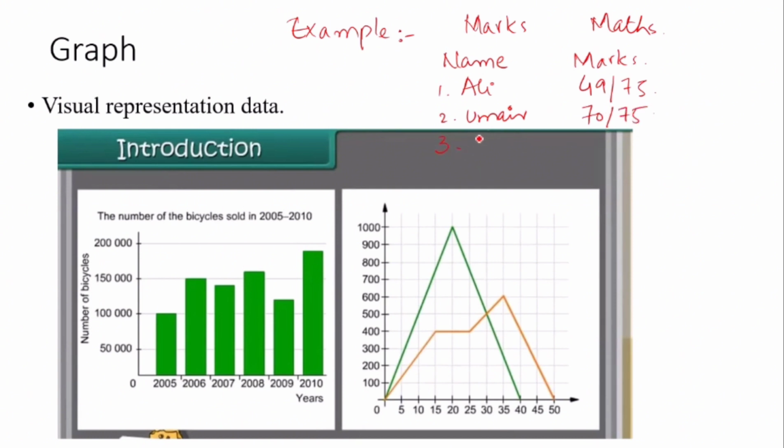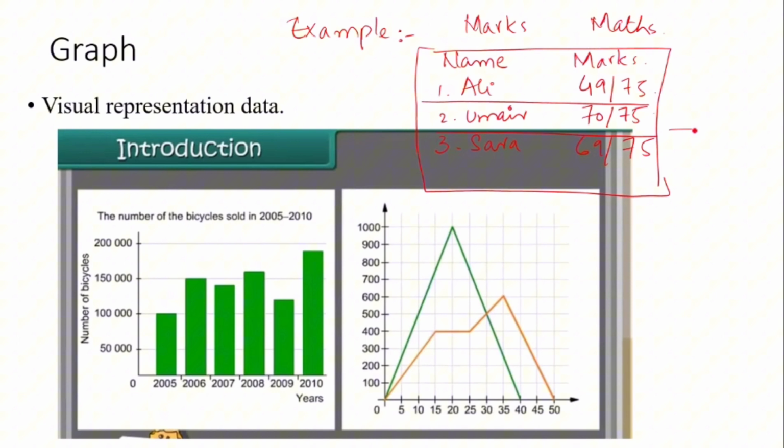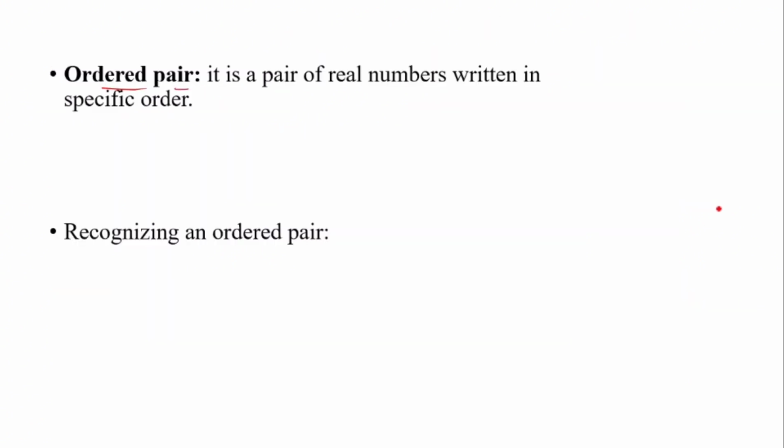And let's say Sarah got 69 marks out of 75. This is data and it is possible to represent this data in the form of a graph. So in simple words, any data can be represented in the form of graphs.